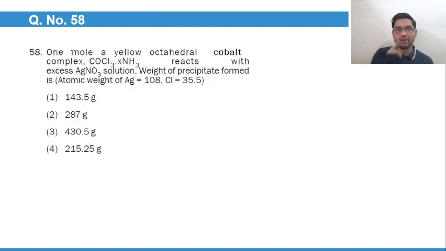Question 58. 1 mole of a yellow octahedral chromium complex. Octahedral chromium complex means its coordination number has to be 6. It reacts with excess of AgNO3 solution, weight of precipitate formed. So here CoCl3·xNH3.